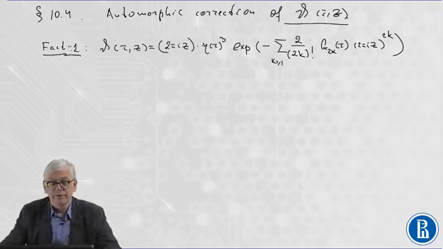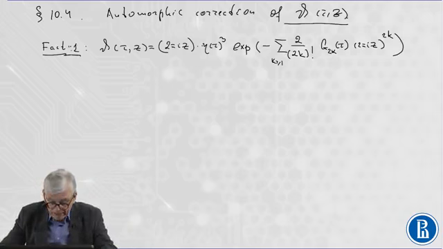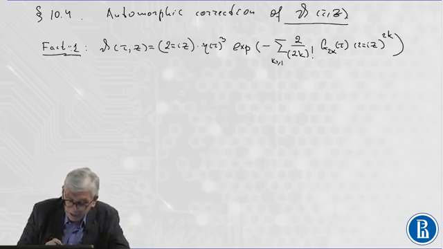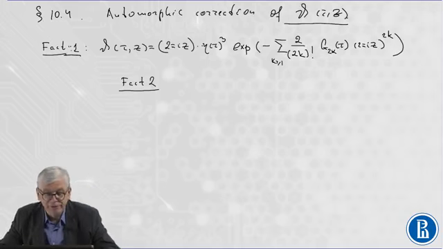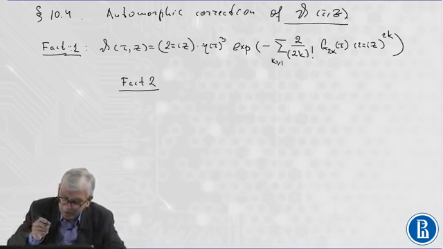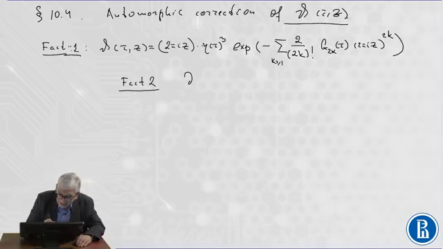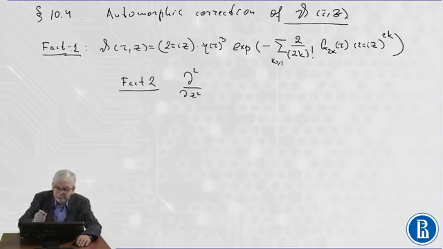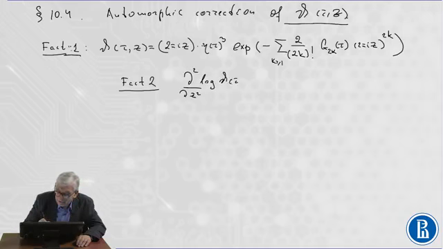This is the first fact which I would like to mention. I'll give you an explicit reference where you can find the proof. But the second fact is very, very important if you would like to understand not only the Jacobi theta series, but some other important special functions related to this function. And now one can prove the following formula for the double logarithmic derivative of the Jacobi theta series.